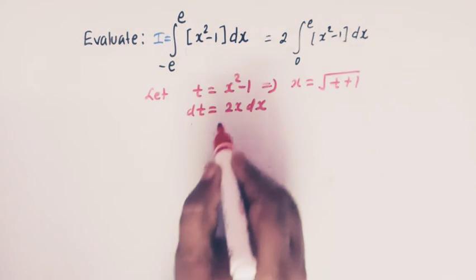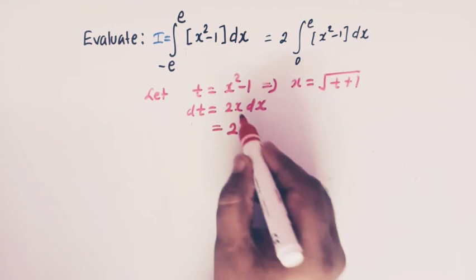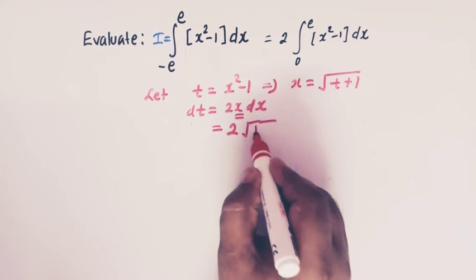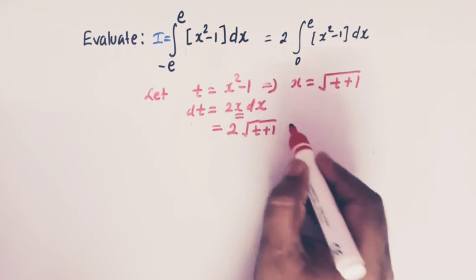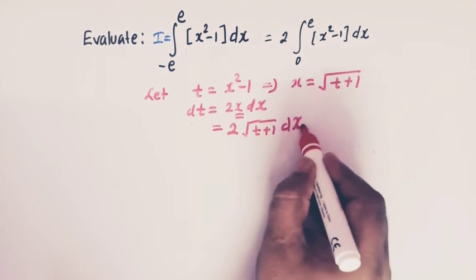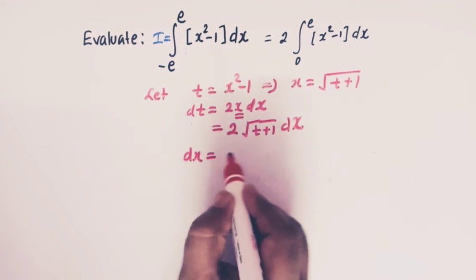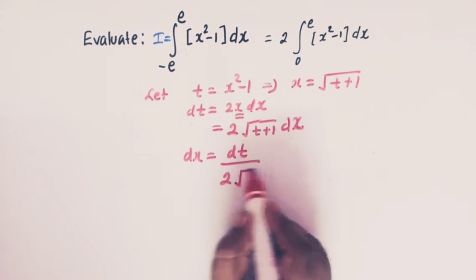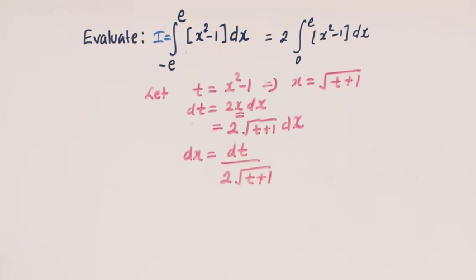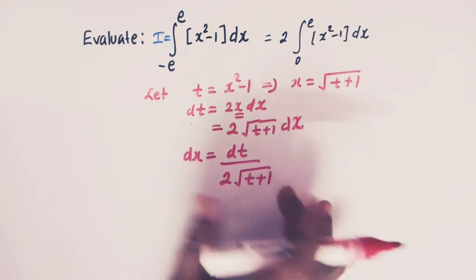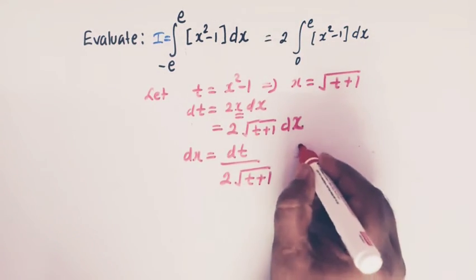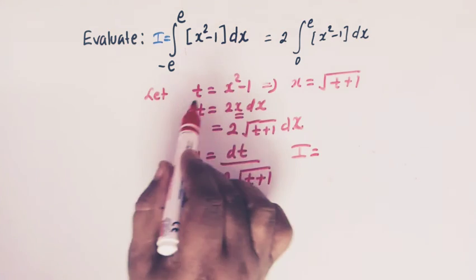Substituting the value of x, we have 2 times square root of t plus 1 dx, and dx can be written as dt over 2 times square root of t plus 1. Now we can express this integral I in terms of the new variable t.